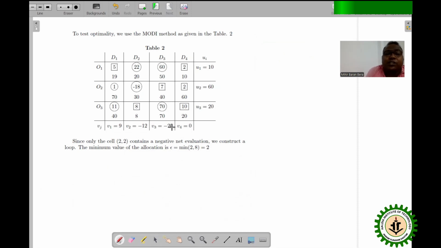As we discussed, there will be 2 units of allocation. So you are getting here, you can see now.